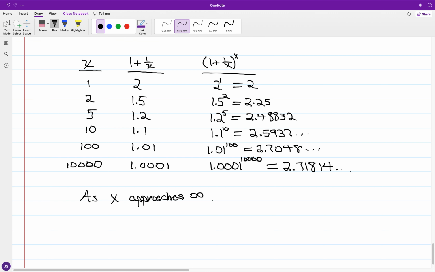As x approaches infinity, 1 plus 1 over x to the x is going to approach a particular value, and this will be in the form of a letter.